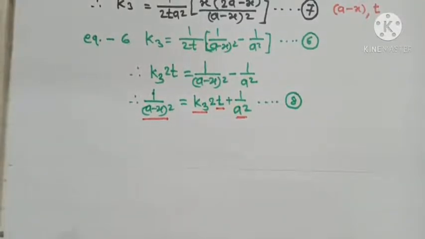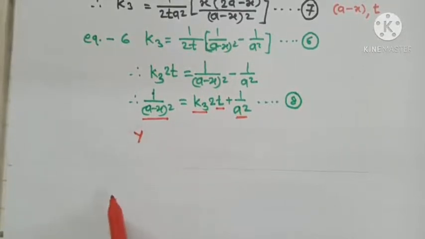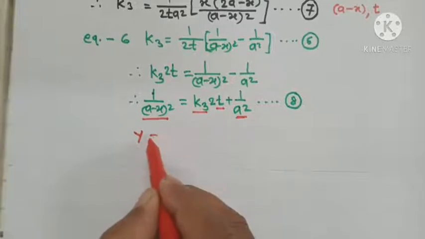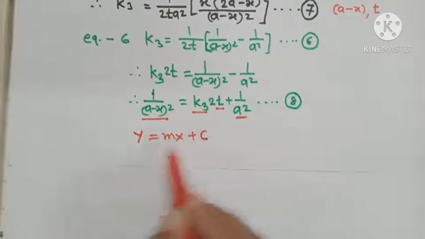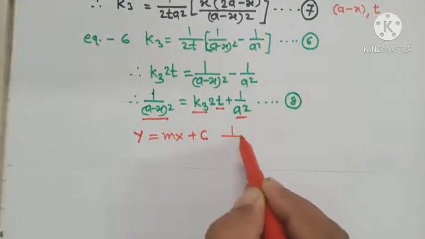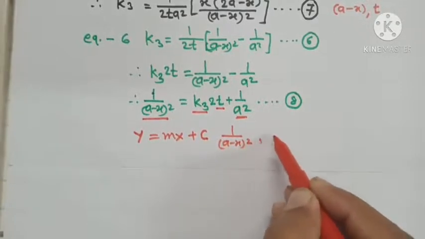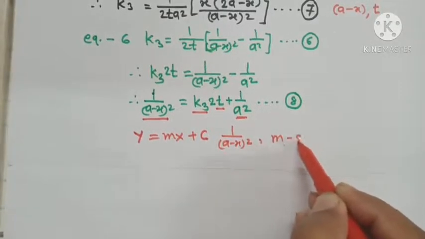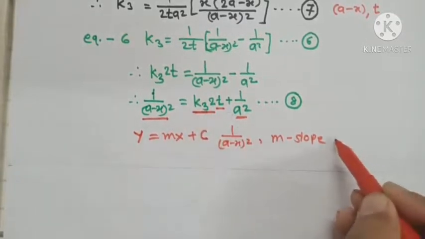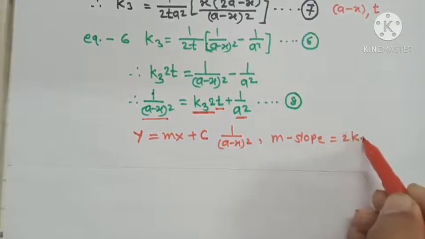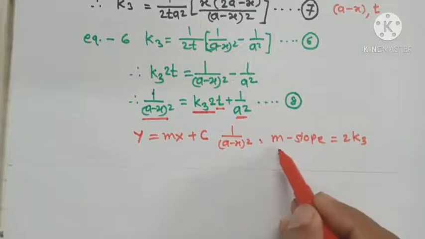So in this equation, it represents the characteristic of the equation of line y is equal to mx plus c. So what is y in this equation? y is 1 upon a minus x square. m is slope, and this term is equal to twice K3, and the c is intercept to the y-axis.